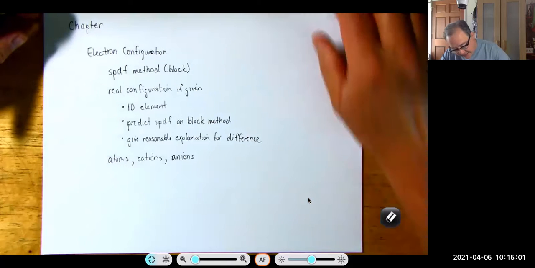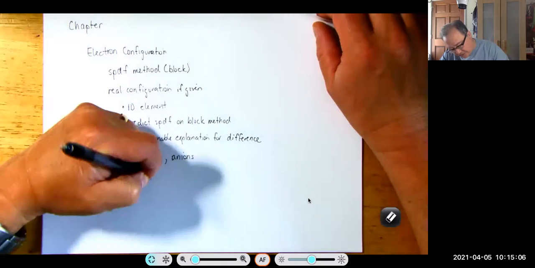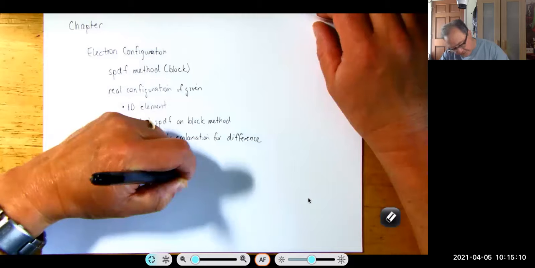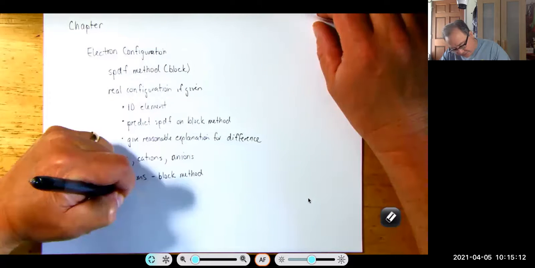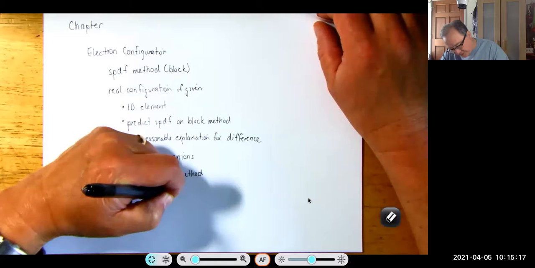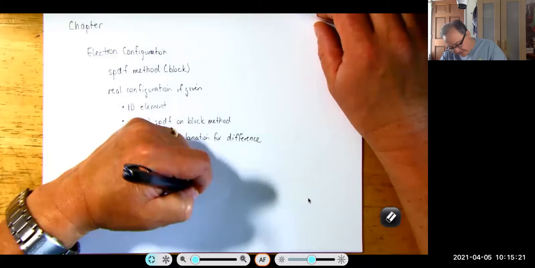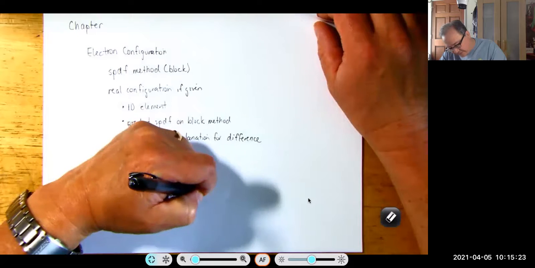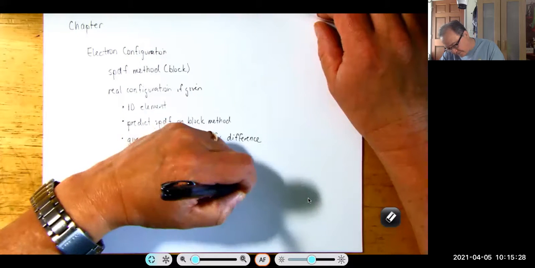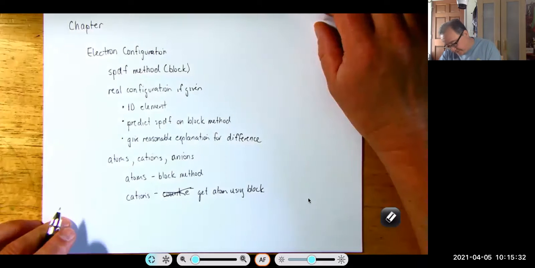And for cations, what do you do? For atoms, we just use the block method. For cations, you get the atom using the block, then take away electrons.